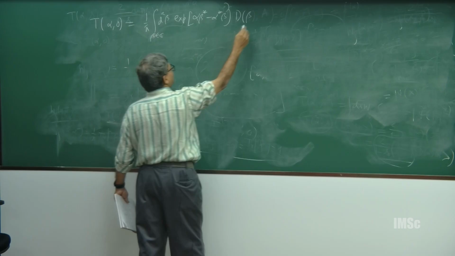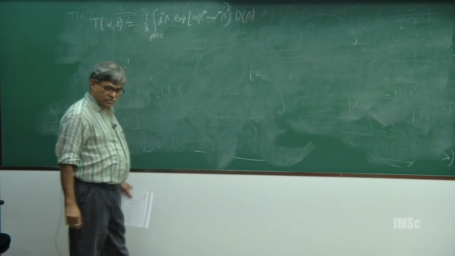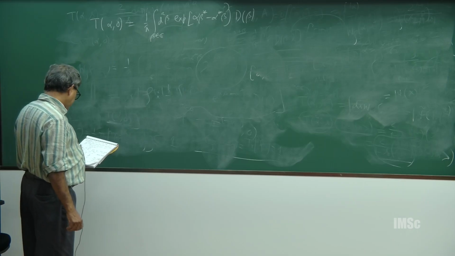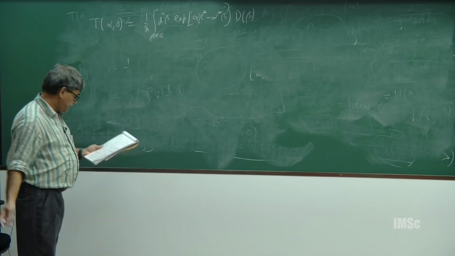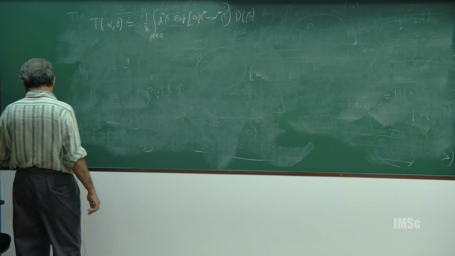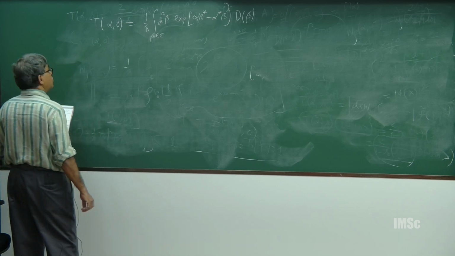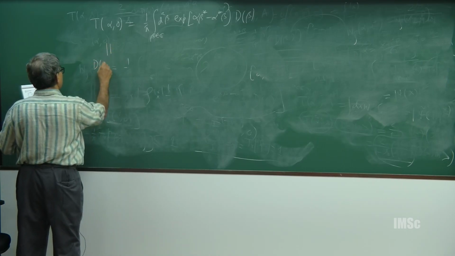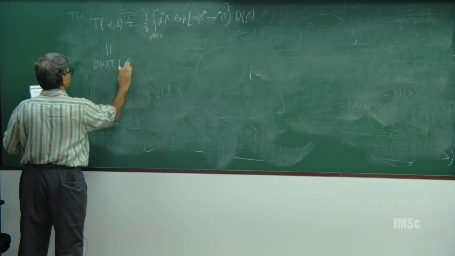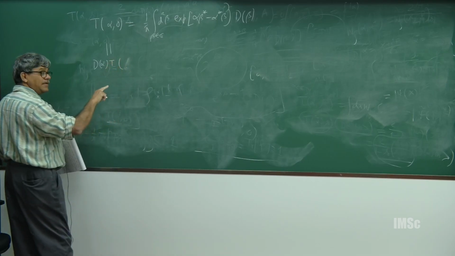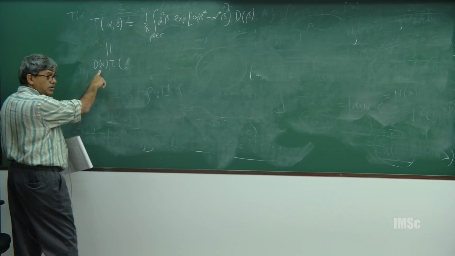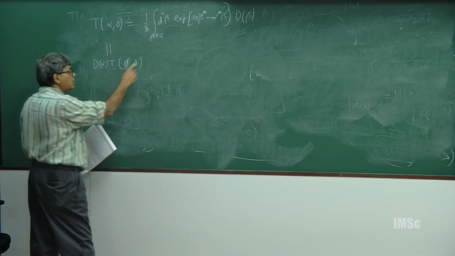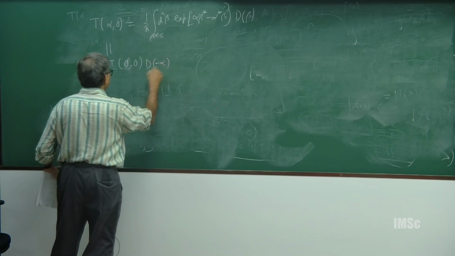Now s is 0, so this is just D of beta. The alpha dependence only comes in the displacement. So with alpha equal to 0 and s equal to 0, this is D of minus alpha. Is that a correct statement?